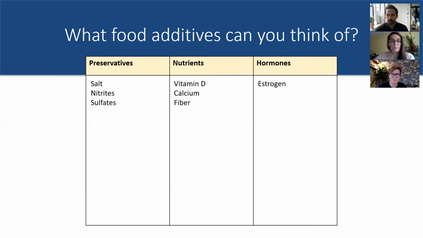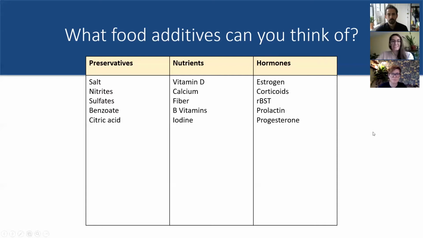Corticoids, for example. I think that's also one. Yep, corticoids. So both of these hormones are good examples of ways that can stimulate growth and milk production in livestock. Yep. All right. So here I've just provided a few other examples of food additives or components added to foods that some of your students might have heard of before and may contribute in terms of this discussion.